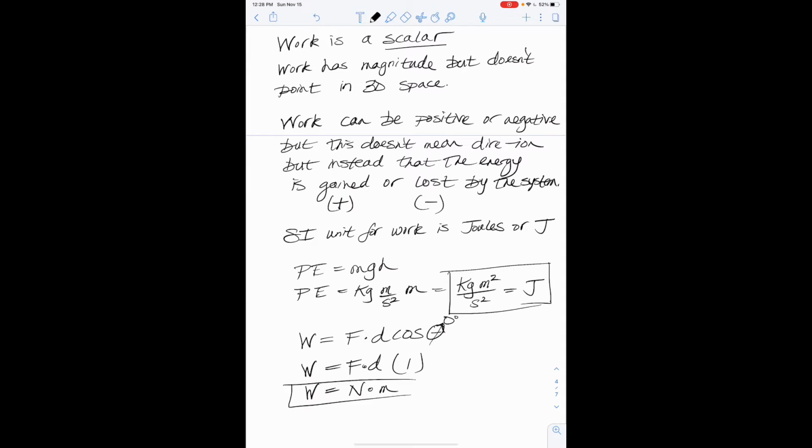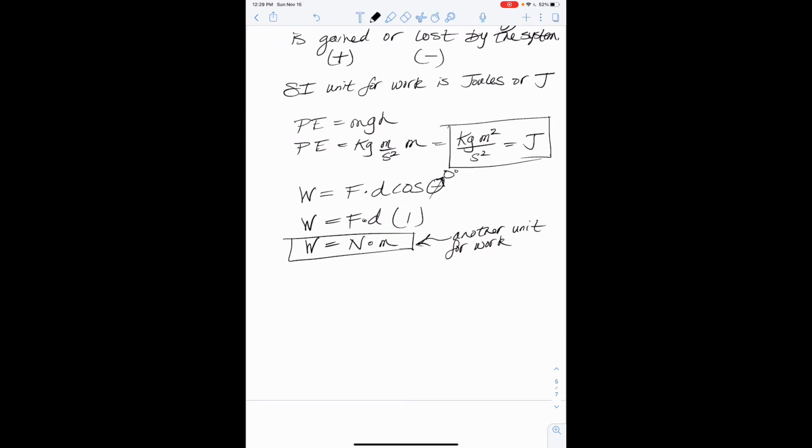So newton meters are also another way of expressing work, but we have to realize that newton meters for work is not the same as newton meters for torque.